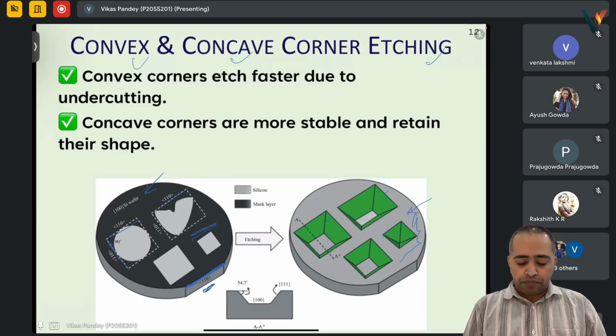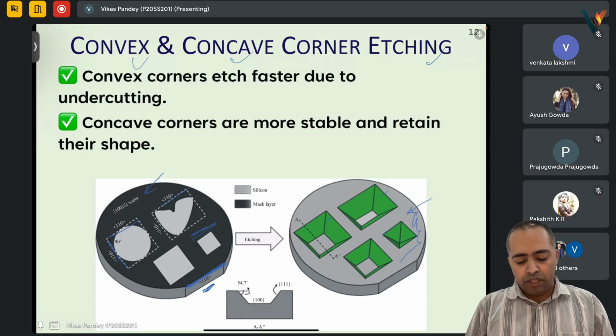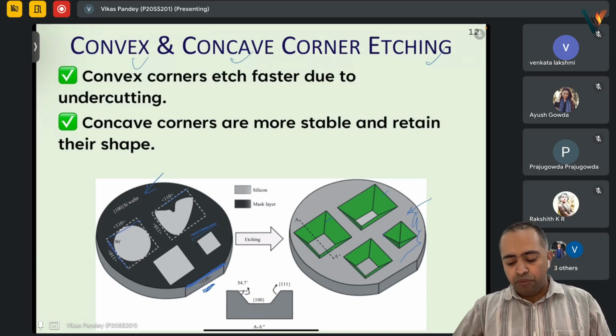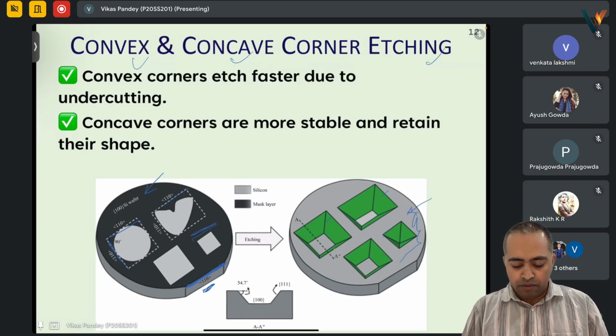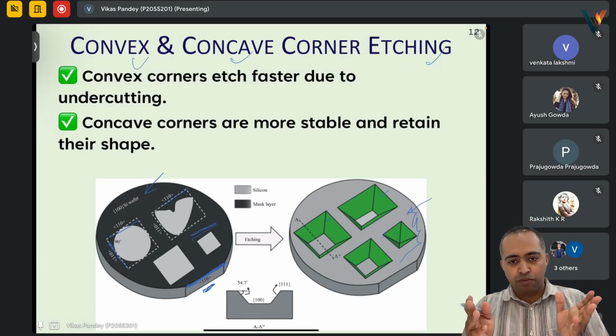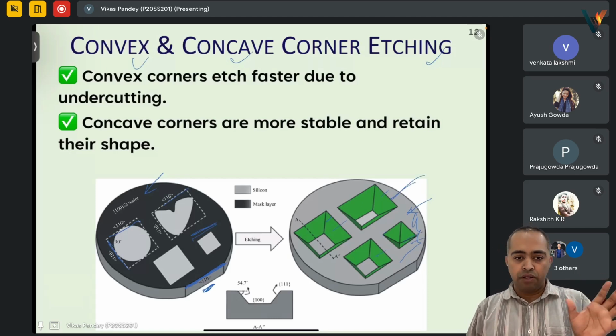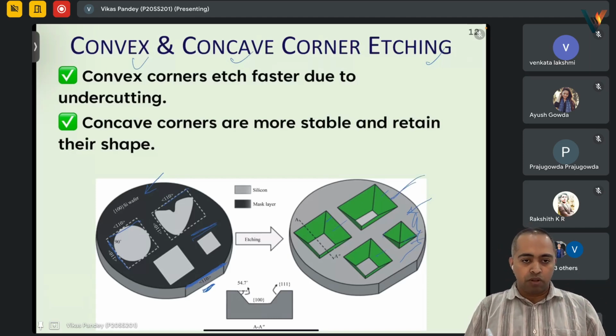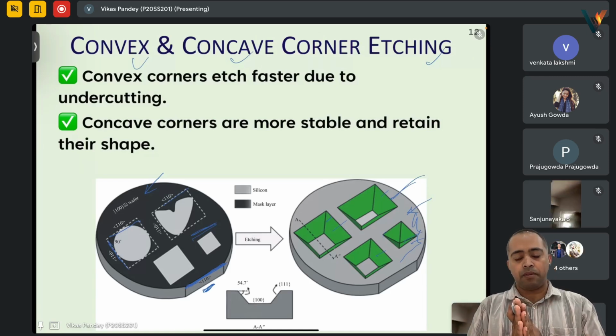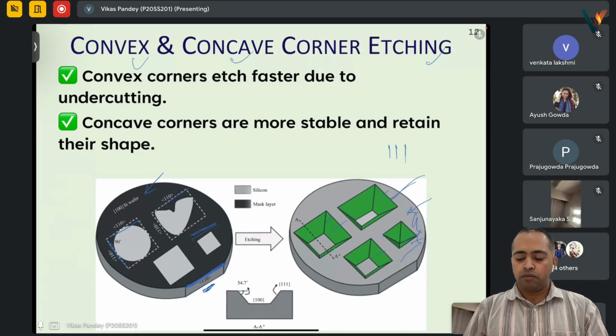Now, when this mask is used and we do etching, although the mask looks much different, the features that we get are quite different from what the mask looks like, due to the etch stop at the 111 plane.